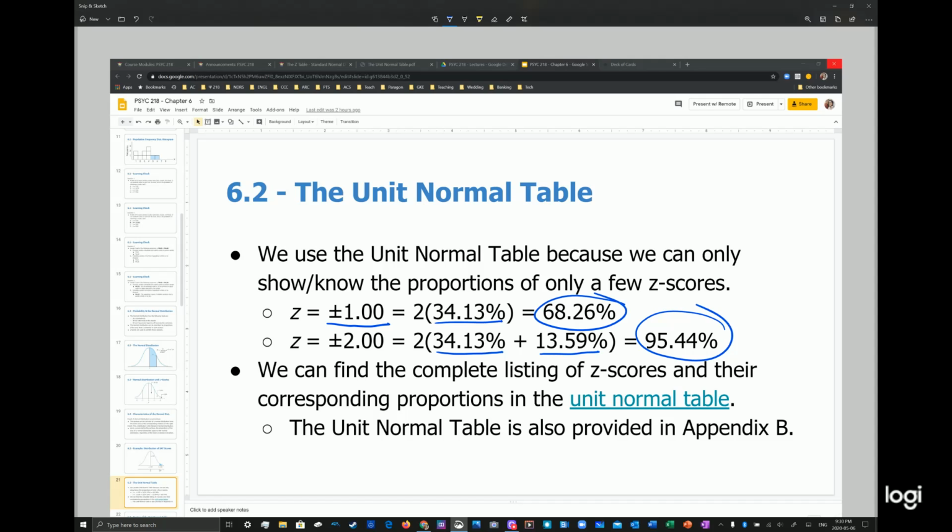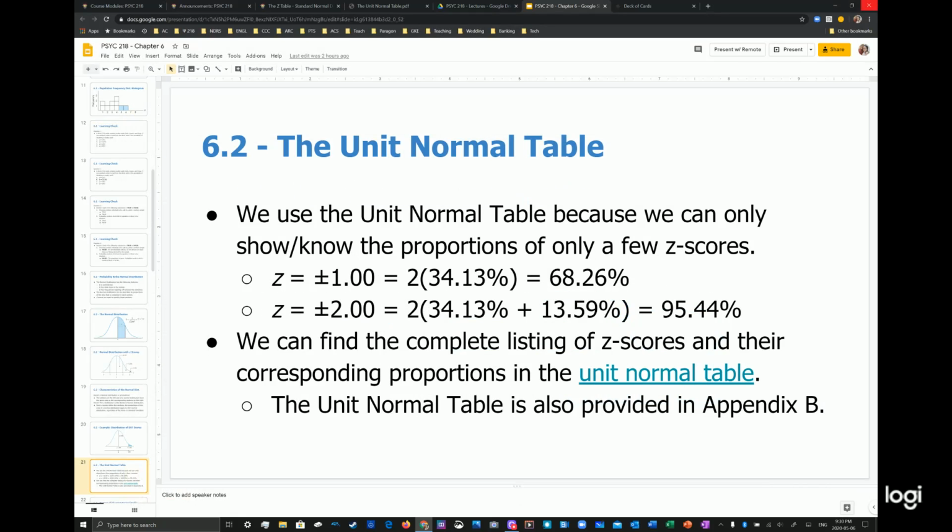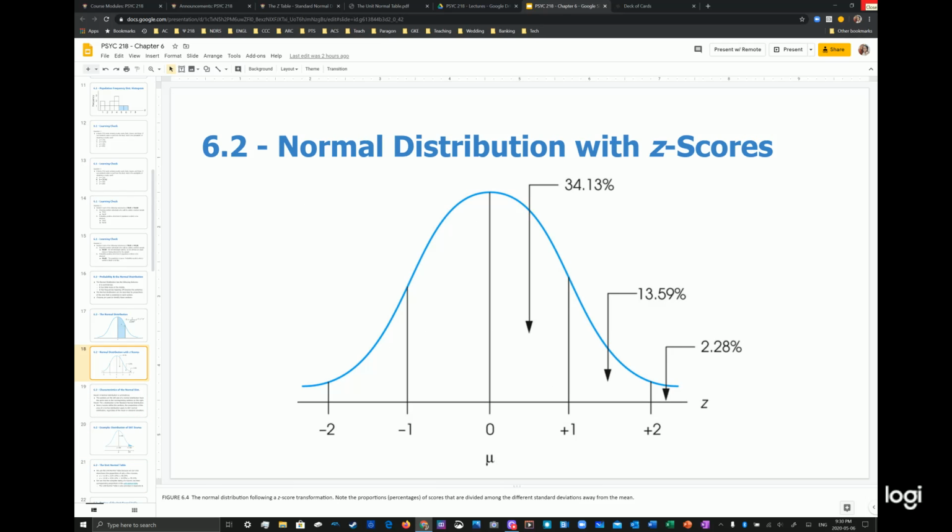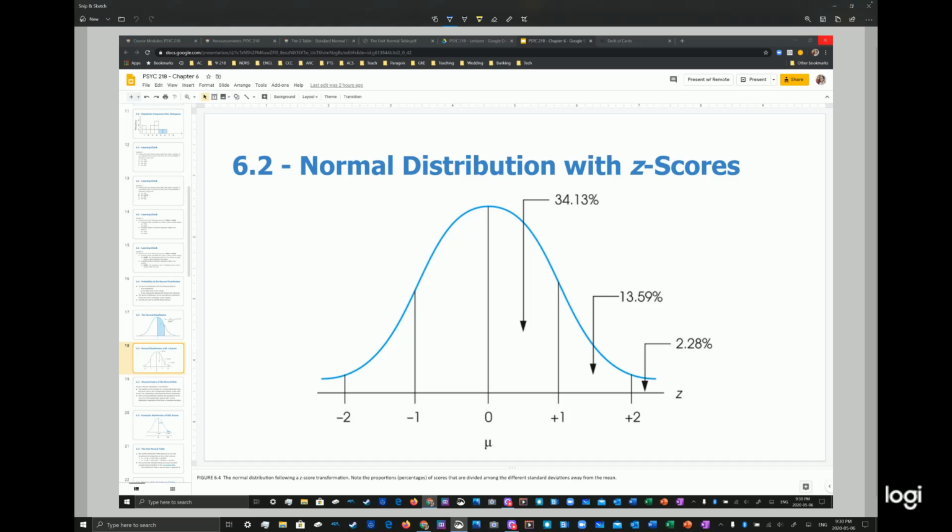But notice here, though, we still haven't found the portion for scores at the extreme end. The previous slide only wants to know what's the proportion of the distribution scoring higher than 700 on an SAT test, which is higher than 2 standard deviations away. Well, we can do this based on the information we have below, and actually you can tell right there, because this tells us it's 2.28%.